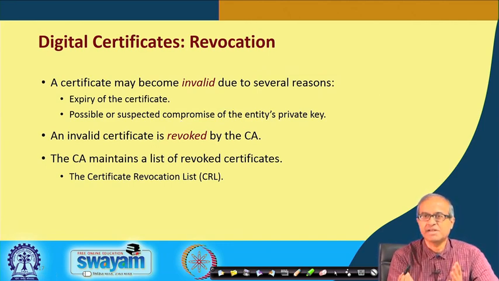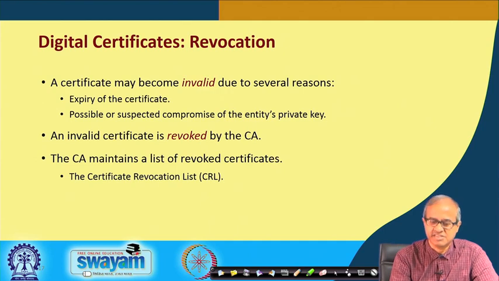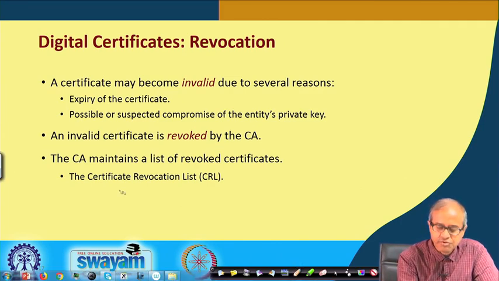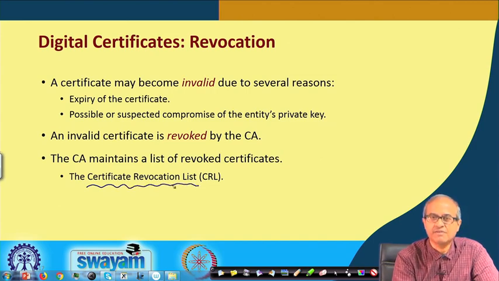Because of that, you can temporarily put it into the suspect list and it becomes invalid. And the invalid certificates are revoked by the CA. How is it done? The certifying authority maintains a separate list called the certificate revocation list. So, these certificates go to that CRL, and after a time they get deleted or removed from the CRL also. Okay.